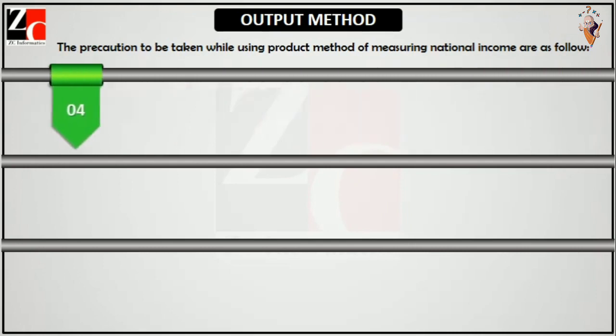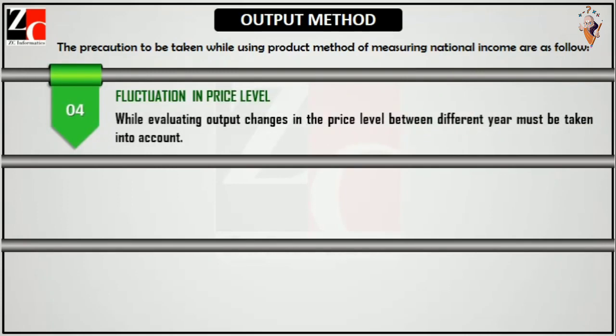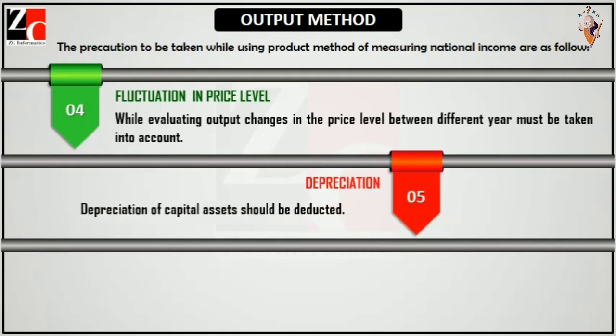Point number 4. Fluctuation in price level. While evaluating output, changes in the price level between different years must be taken into account.